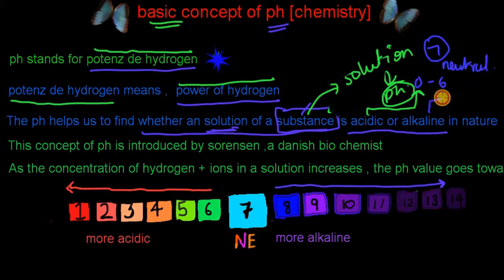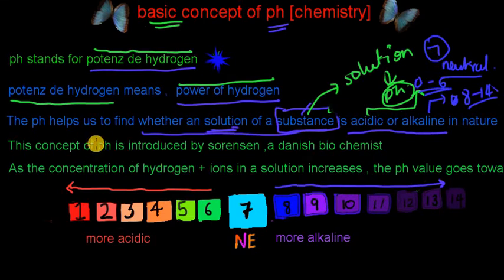If a solution is alkaline in nature, then it will have a pH ranging from 8 to 14. If a solution is acidic in nature, it will range from 0 to 6. And if a substance is neutral, it will have an exact value of 7 pH.